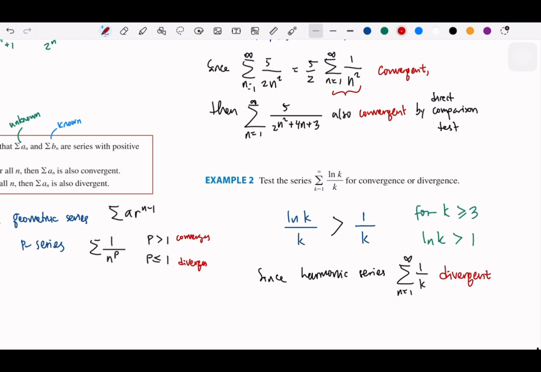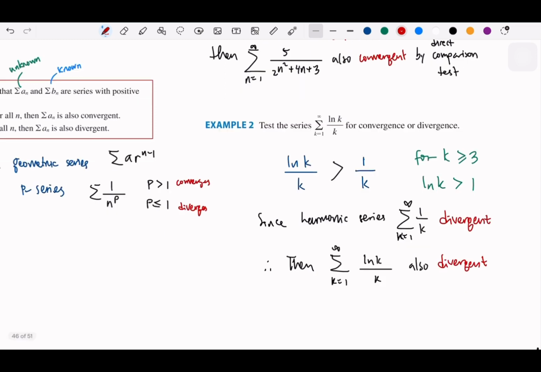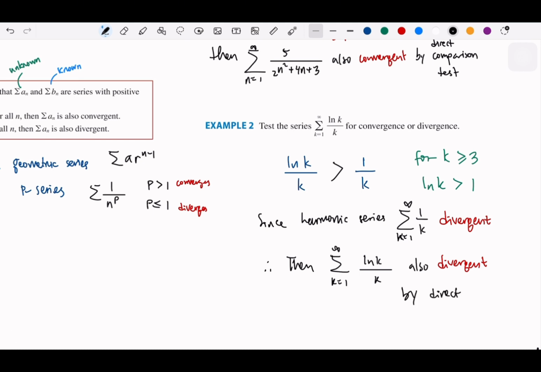So this must be divergent, and then also divergent by direct comparison test.